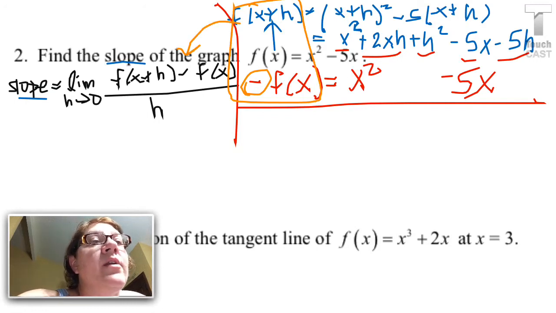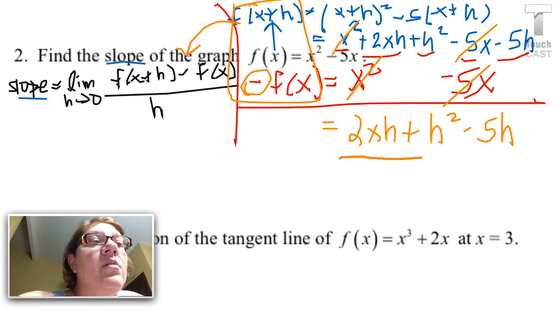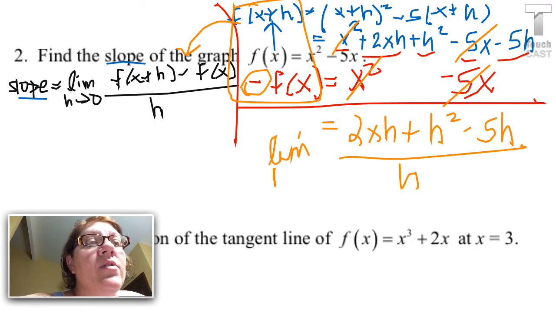The numerator is equal to, oh, look at that, the x squareds cancel. The negative 5x minus negative 5x is going to cancel. And so my numerator now is going to be the leftover stuff, all over h. Don't forget, we're still taking the limit as h goes to 0.